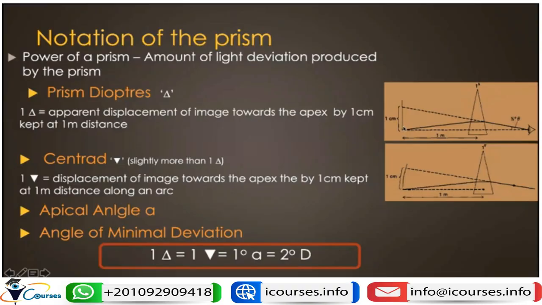Meaning that if there is an object placed at 1 meter from this prism, this prism can deviate the image of this object by about 1 centimeter along the straight line. This is called a prism which has a power of 1 prism diopter.